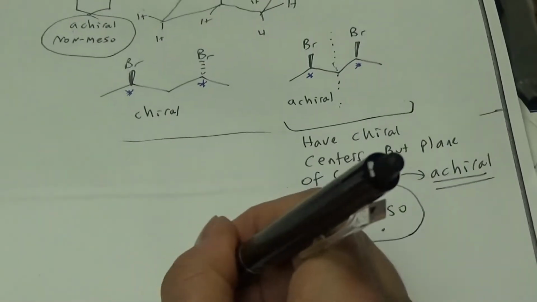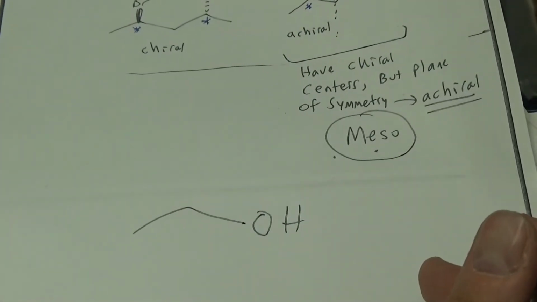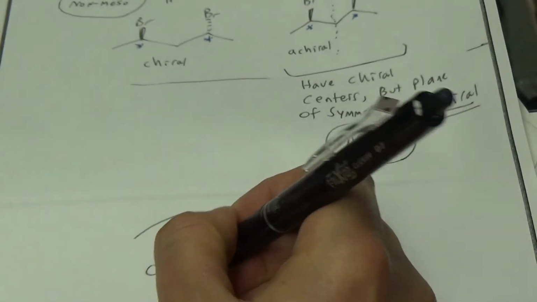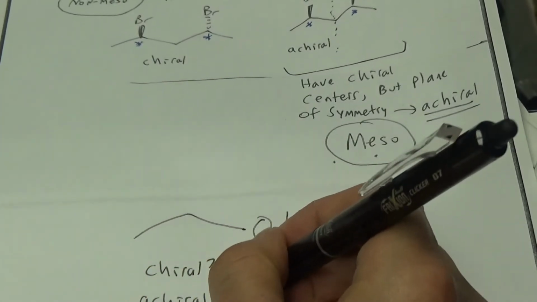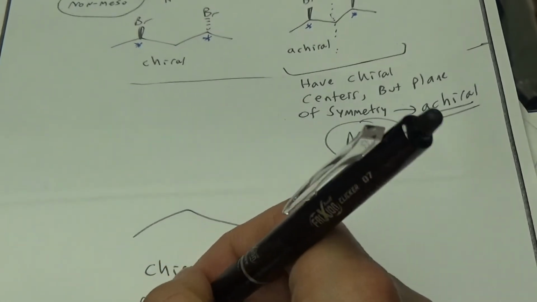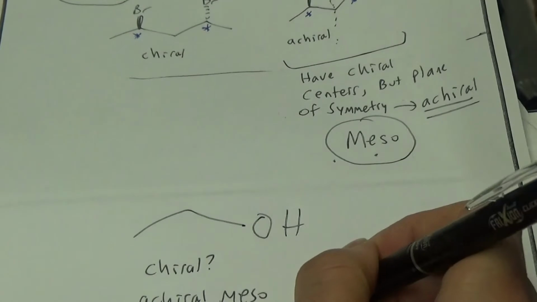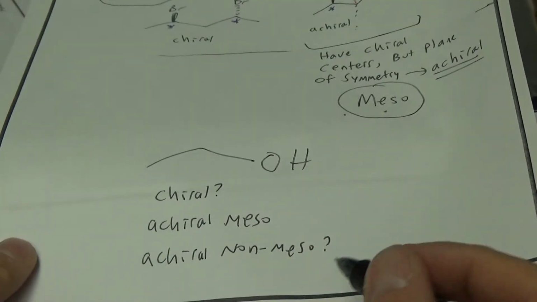So if I have ethanol, is it chiral, achiral meso, or achiral non-meso?